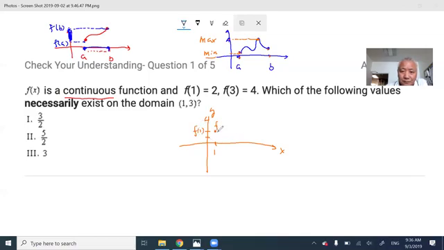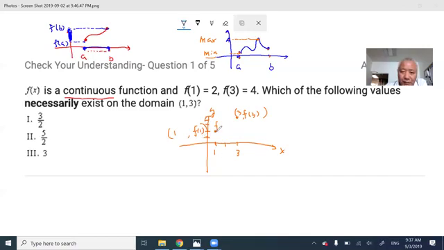And then you go, this is 2, this is 3. When you go to 3, this one is 4, somewhere here. So this point is f(3), and this point is f(1), like this, right?